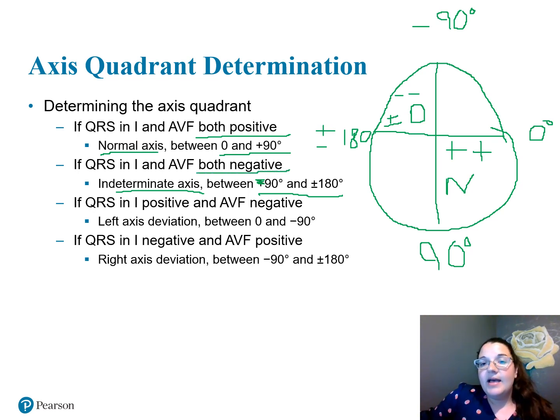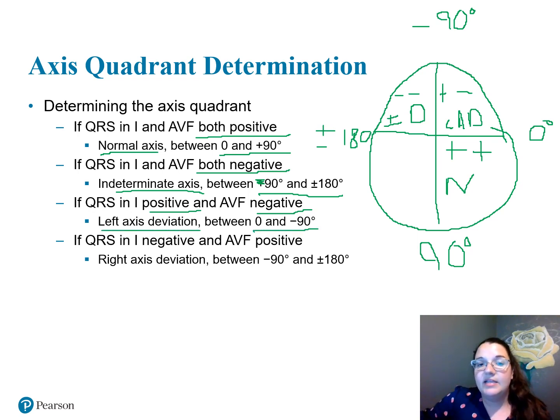If I am positive in lead 1 but negative in AVF, I am left axis deviation, and I am in between 0 and negative 90. So if I am positive in lead 1, negative in AVF, LAD, I'm in between 0 and negative 90.